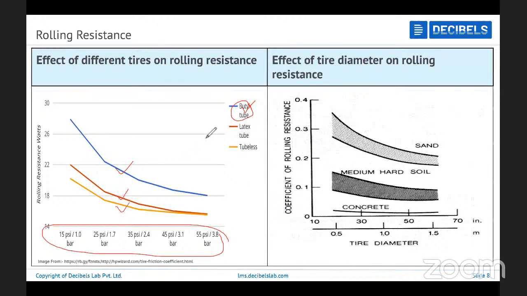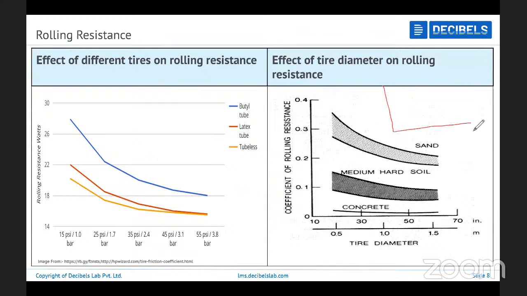Okay. So usually, each time the wheel makes one rotation, there are always some losses. We call them hysteresis losses. If I define it in terms of a graph: as the wheel makes a rotation, the top part of the wheel comes in contact with the road surface.